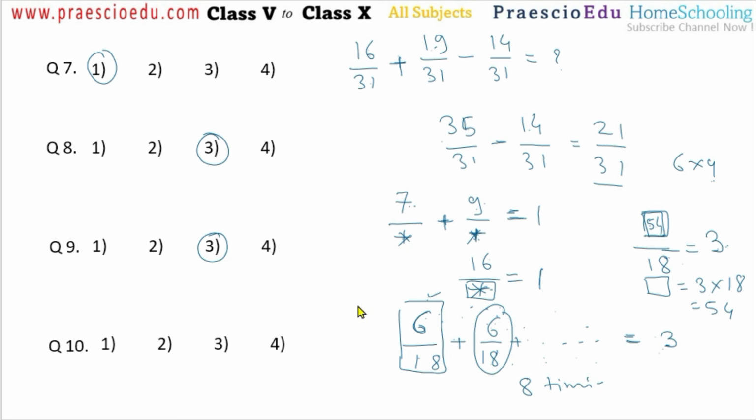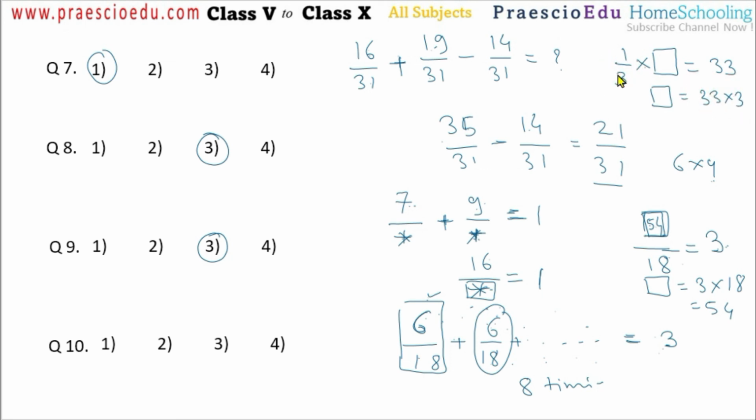Now question number 10: one-third part of a number is 33. So one-third means 1 by 3 of a number. The number is unknown, so suppose there is a box, which is equal to 33. Now this 1 by 3 is multiplication, so we shift it to the other side.